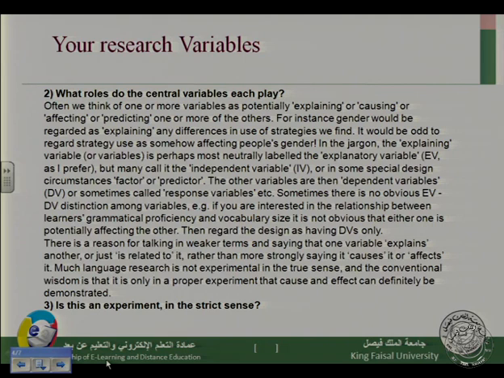For instance, gender would be regarded as explaining any differences in use of strategies we find. It would be odd to regard the strategy use as somehow affecting people's gender. As I mentioned before, you cannot well say gender is the dependent variable.